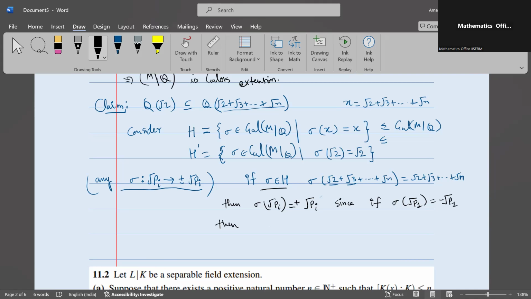After applying sigma, it will become minus root 2 plus root 3. It becomes plus root 4 because root 4 is minus root 2 into minus root 2. So minus minus becomes plus, it becomes root 4.